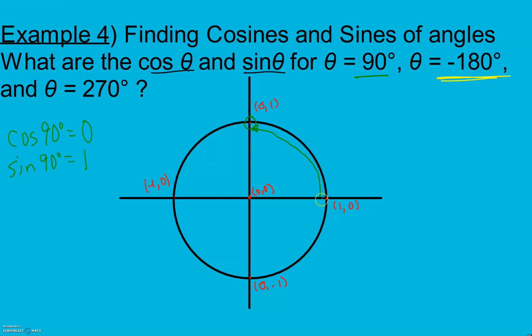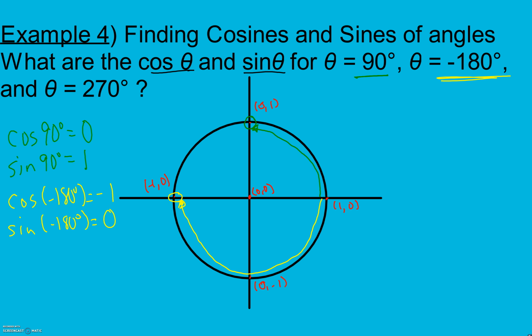At negative 180, I go backwards 180 this far, and I'm looking at this point on my circle. Cosine of negative 180 degrees is our x value, negative 1, and sine of negative 180 degrees is our y value, 0.